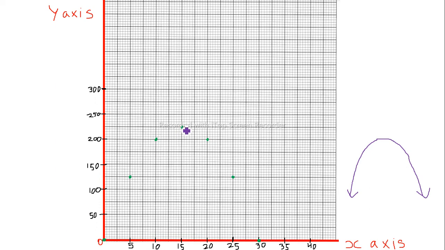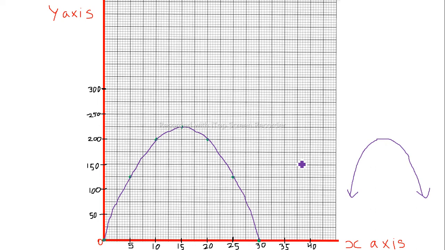Mine's just on 225. There we go. And then the next one is going to go this way. There we go. That looks much better.